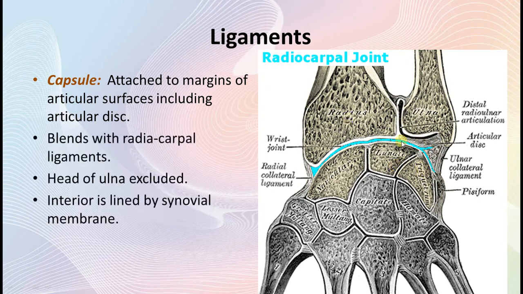In the front, the capsule blends with the radiocarpal ligaments. The head of the ulna does not take part in the articulation; it is excluded. The joint is lined by synovial membrane, and as I told you, this joint cavity is separate from the inferior radioulnar joint cavity.